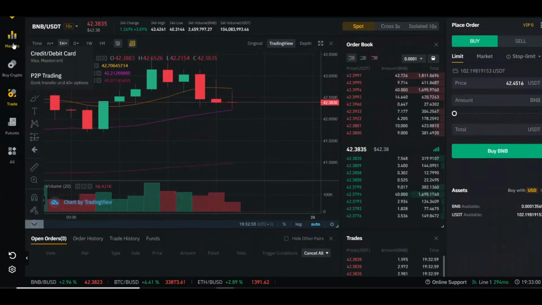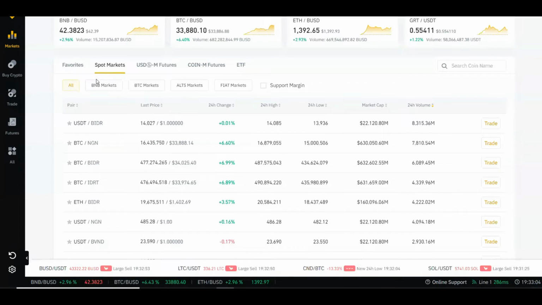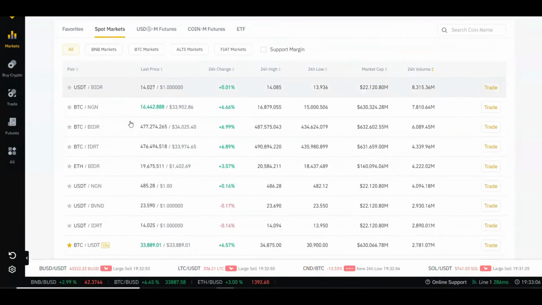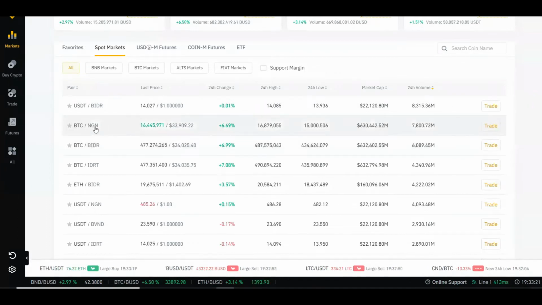So let me come on the market. So on the market here, you can see the different types of cryptocurrency. These are pairs for traders. So you have BTC, you have Nigeria, but this one is a forex pair because this is the Nigerian currency.